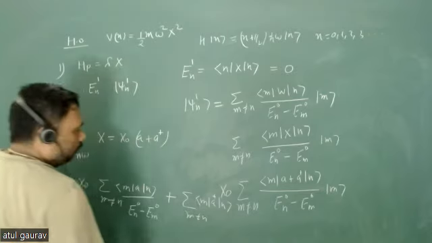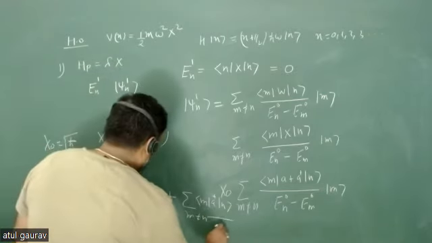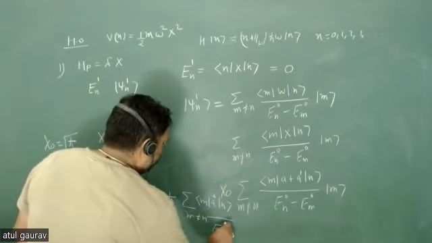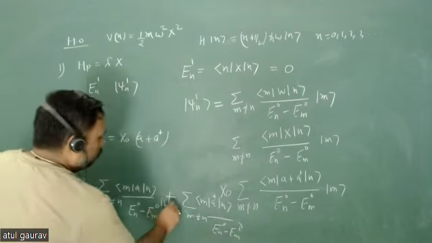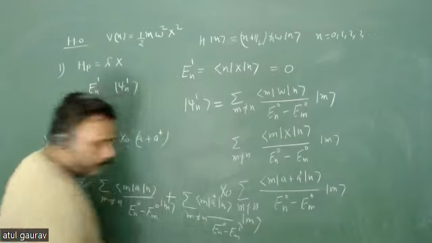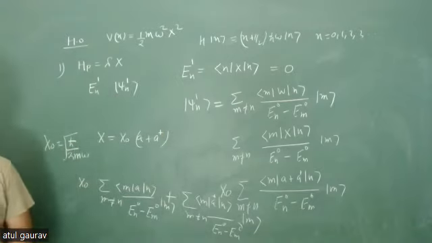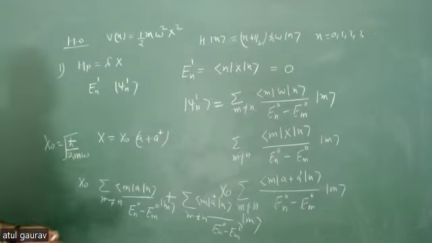M is not equal to n, and here you have E_n^0 minus E_m^0, and here is |m> also. Clear? Yes. Now, let's go for the next step.